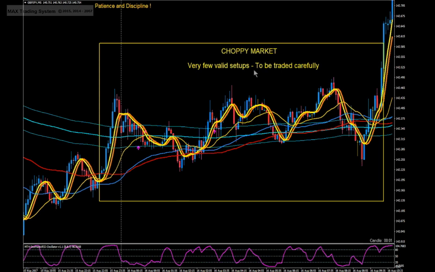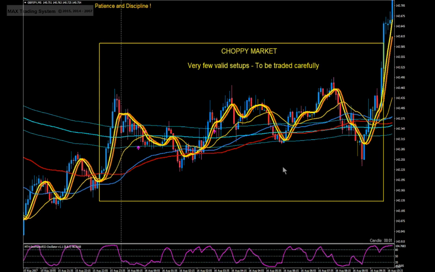It requires some time to recognize a choppy market, for example 20, 30, 50 bars. But once we recognize that we are in a choppy mode, we can make the strong assumption that this choppy mode will last many more bars, usually 100 to 200 bars.